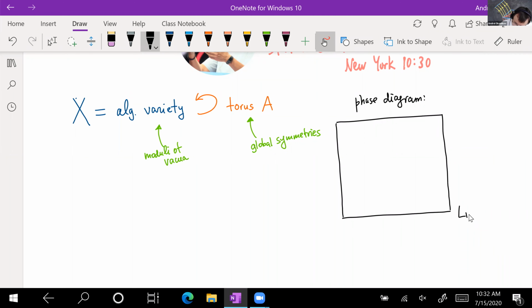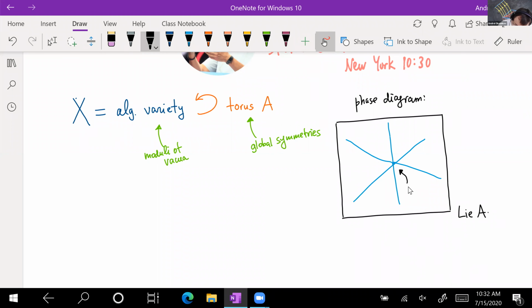What this diagram was recording were the fixed loci of the different points. I draw this picture almost every lecture. In the very middle here, this is 0.